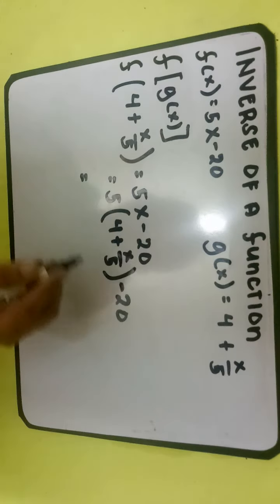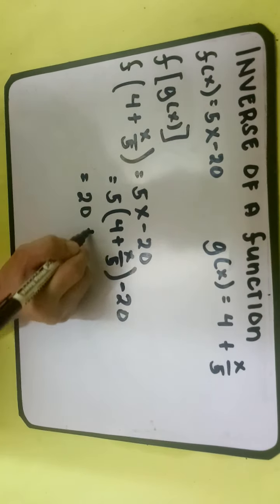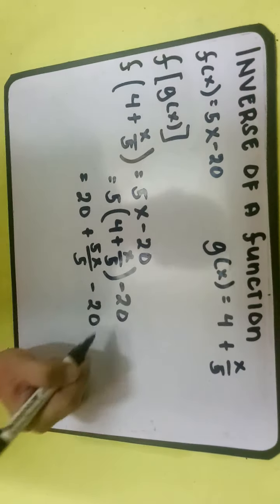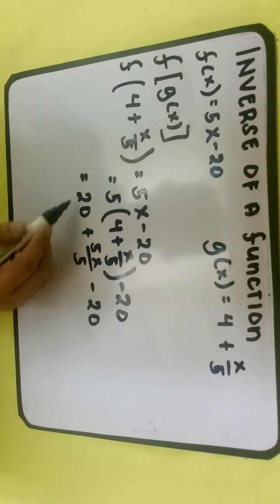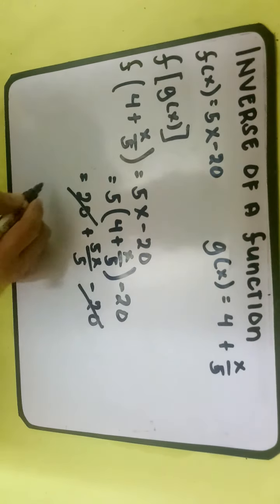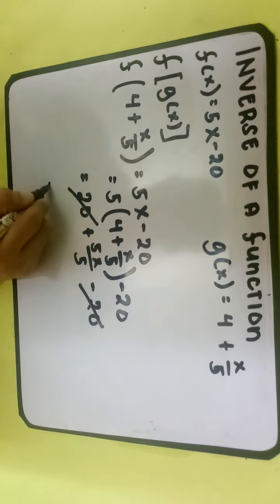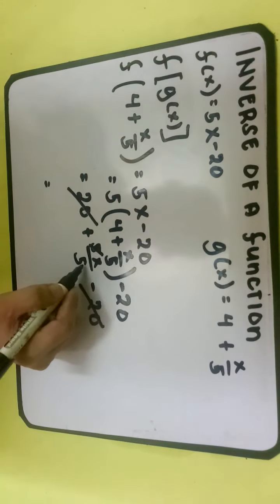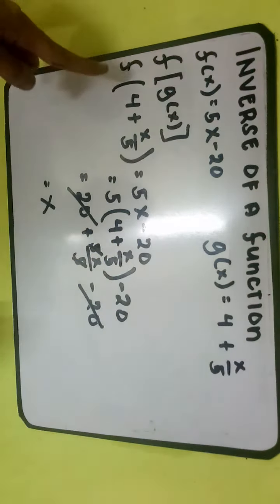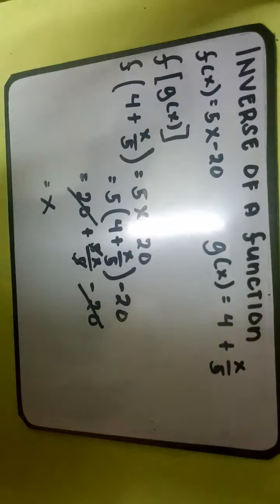We will distribute 5 to all terms inside the parentheses. So that is 20 plus 5x over 5 minus 20. Dito pa lang, meron tayong positive 20 and negative 20. We can cancel them. So that will be 0. For the middle term, 5 over 5, we can simplify that as 1, or we can simply cancel 5. So, matitira na lang ay x. So, that is for f composed with g of x.